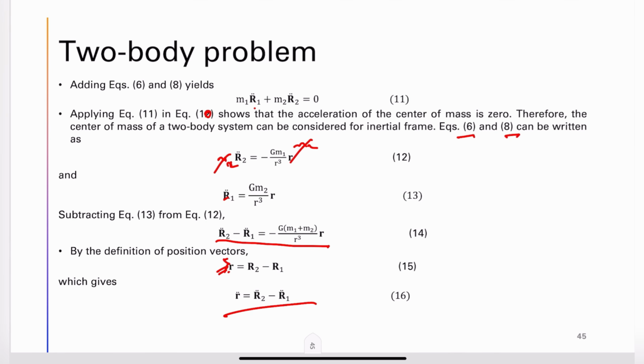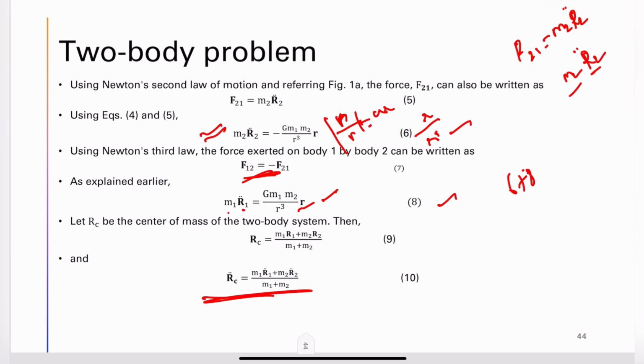Okay, so now when we add equations 6 and 8, here there is a negative sign, here there is no negative sign, so automatically these two will cancel each other.